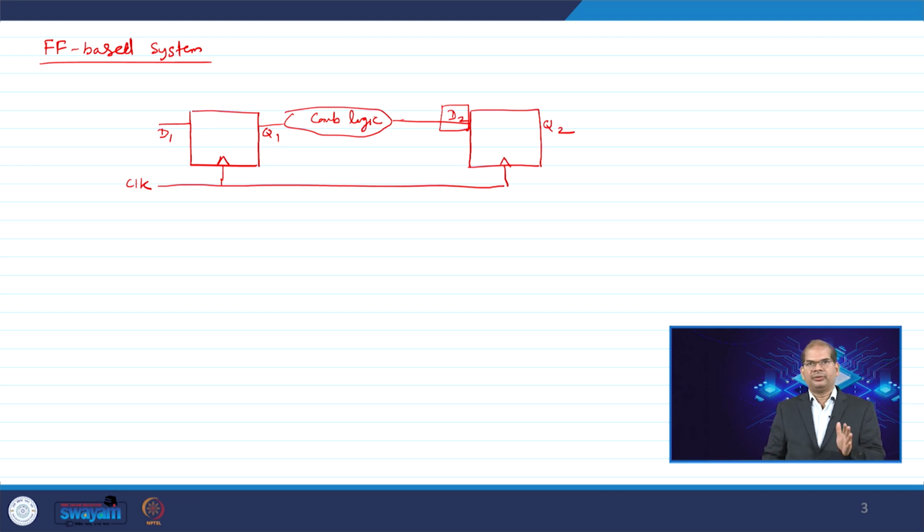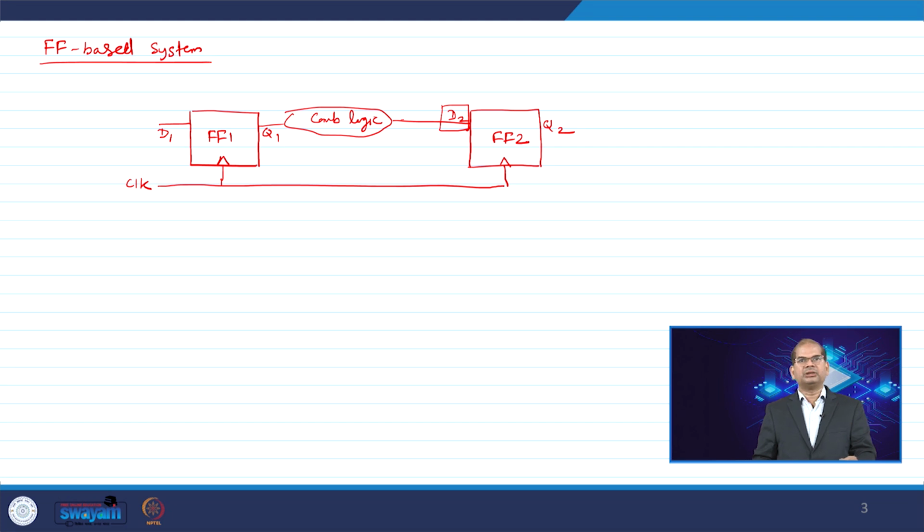If the data is reaching before the setup time, it will be captured properly by flip-flop 2. This is flip-flop 1, this is flip-flop 2.